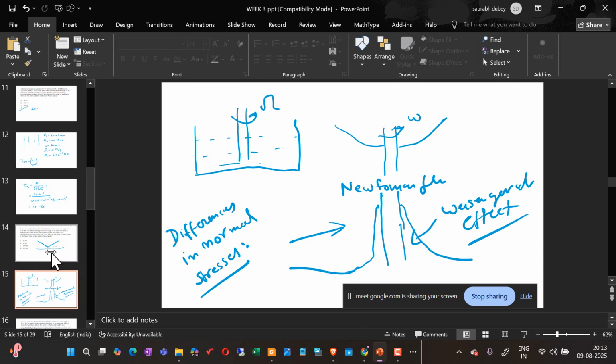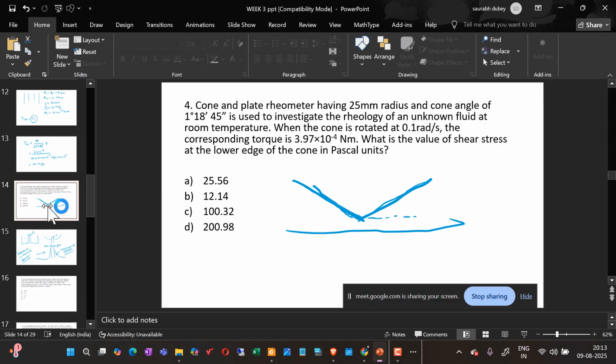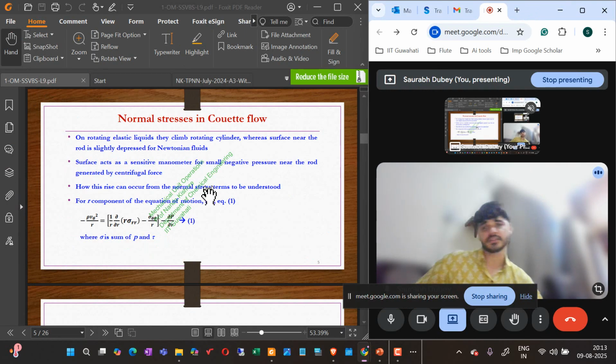So if you see this cone and plate rheometer, let me just see first. Yes, this one. The surface acts as a sensitive manometer for a small negative pressure near the rod generated by the centrifugal force, right?